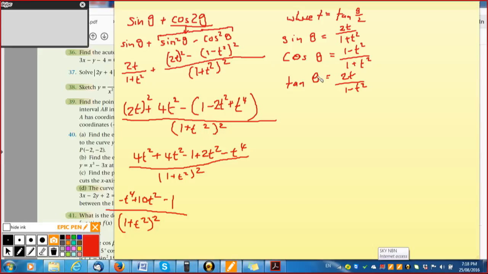Yeah, it's cos squared x minus sine squared x. Oh, okay. So that's probably why, because this is basically wrong. That should be a minus.